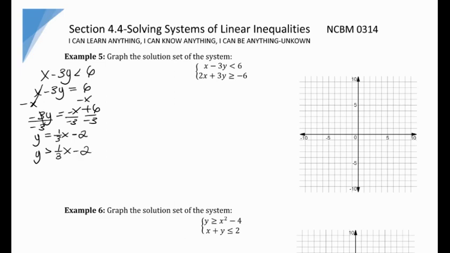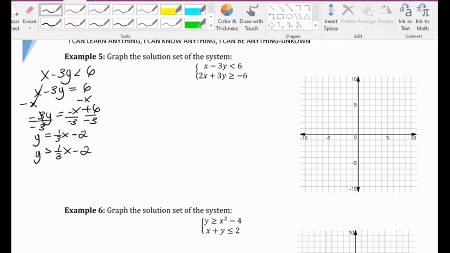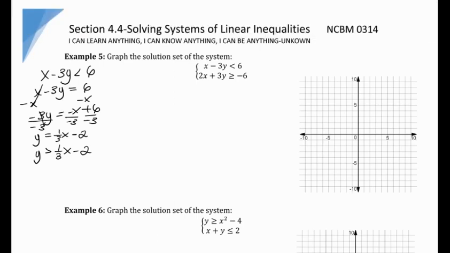So let's go ahead and graph that inequality first. This is going to be a dashed line. So let's graph this one in blue first. So negative 2 right here. And then this is going to go up 1 and 3 to the right. Up 1 and 3 to the right. Or down 1, 3 to the left.